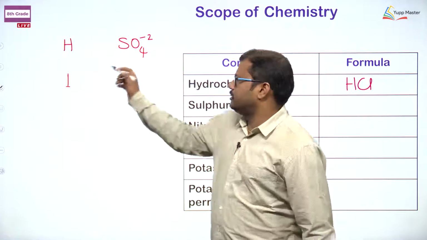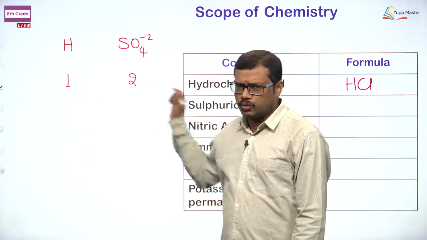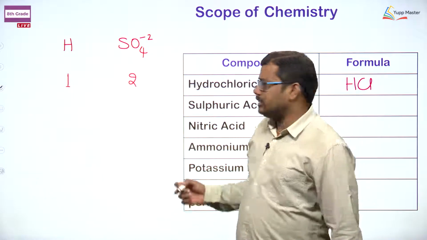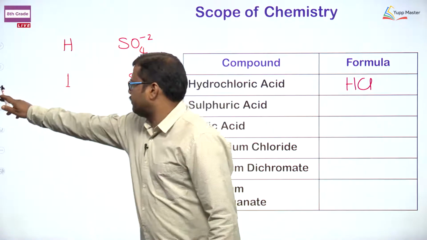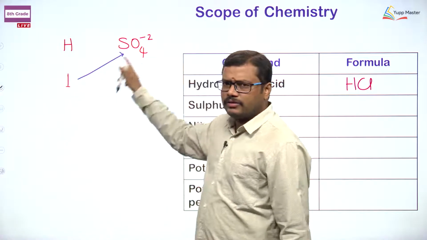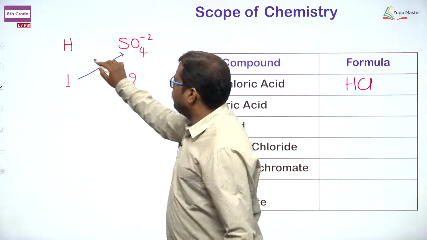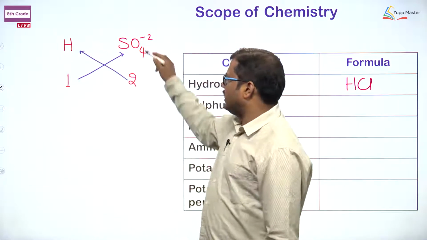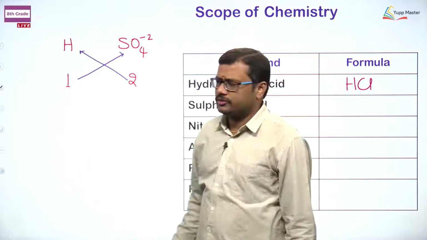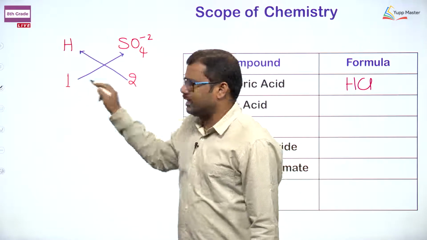So the simplest ratio that we get for hydrogen and sulphate ion is 1:2. Now exchange the valency of hydrogen to sulphate ion. I am taking the valency of hydrogen as the number of times of sulphate ion, and similarly the sulphate ion valency for the hydrogen. So H should be taken 2 times, sulphate ion should be taken 1 time.